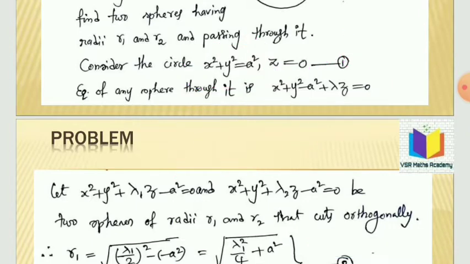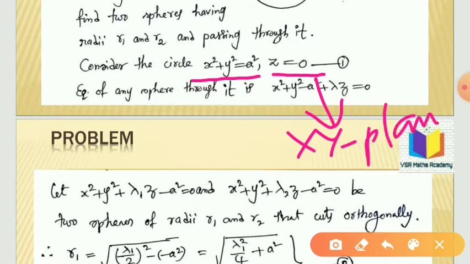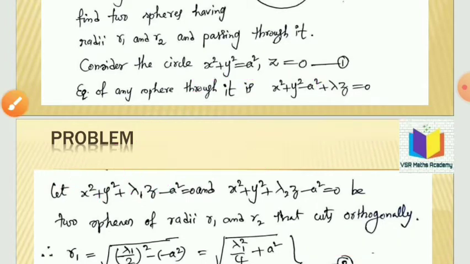Once again, the equation of the circle is x square plus y square is equal to a square, z is equal to 0. Here z equal to 0 means the circle lies in the xy plane, and also we can say that the center of the circle is the origin and the radius of the circle r is equal to a.